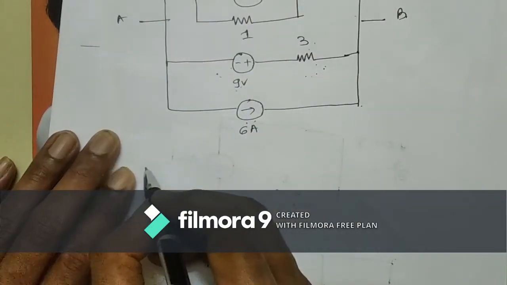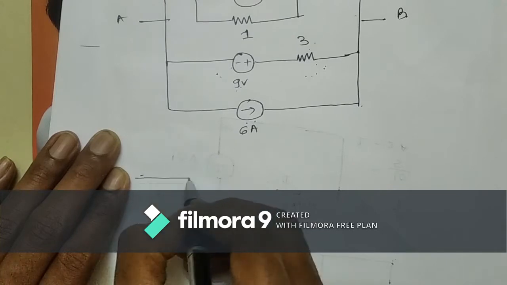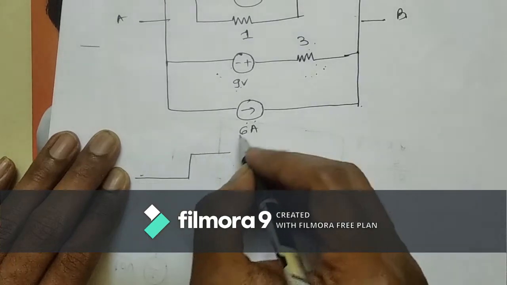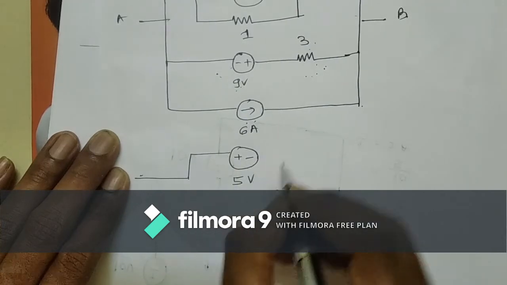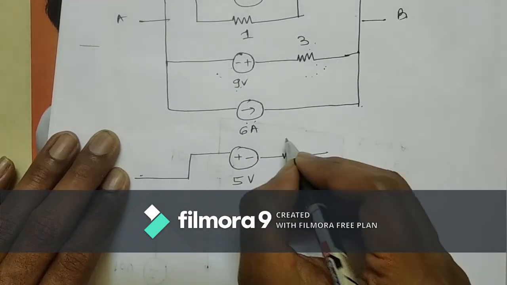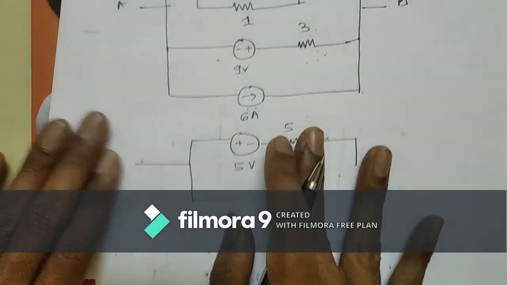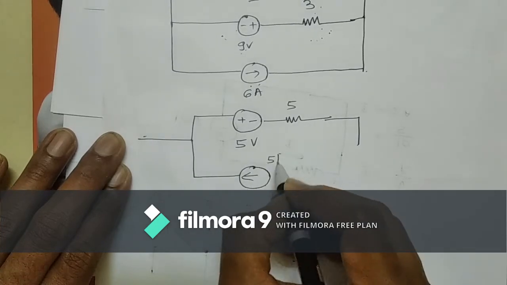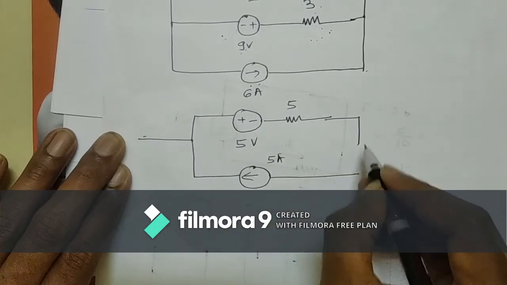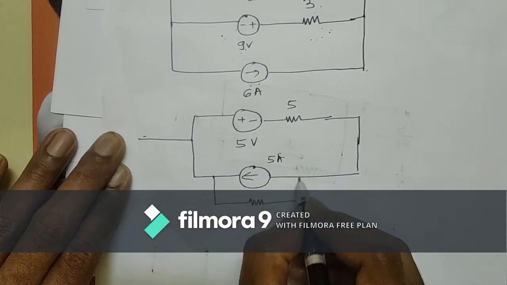So the remaining network I will draw as it is. So this is plus minus, 5 volt, this is 5 ohm, this I will keep as it is, 5 amperes, 1 ohm.